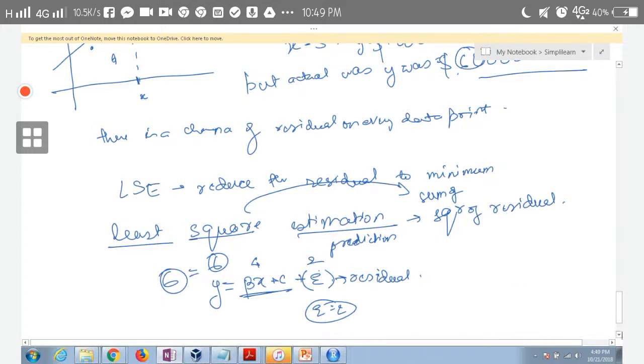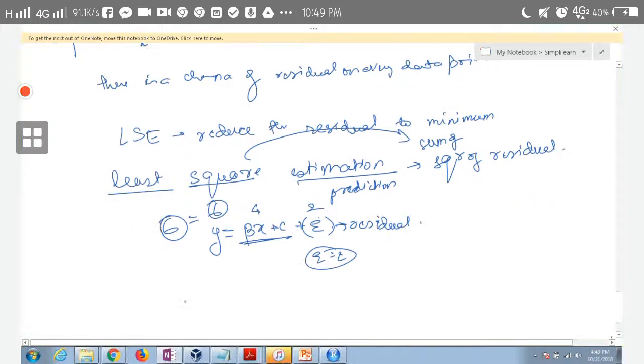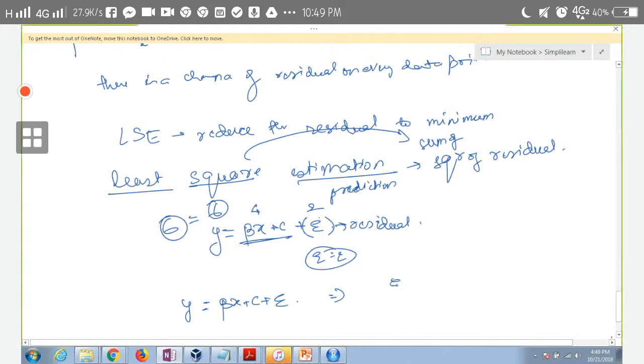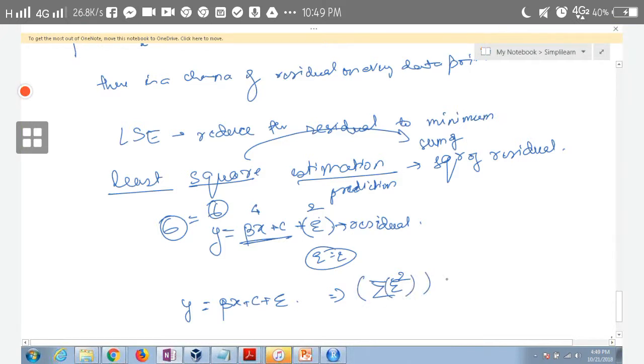So we call this equation y equals beta x plus c plus epsilon, and this epsilon is nothing but residual. So the sum of epsilon square has to be minimized.